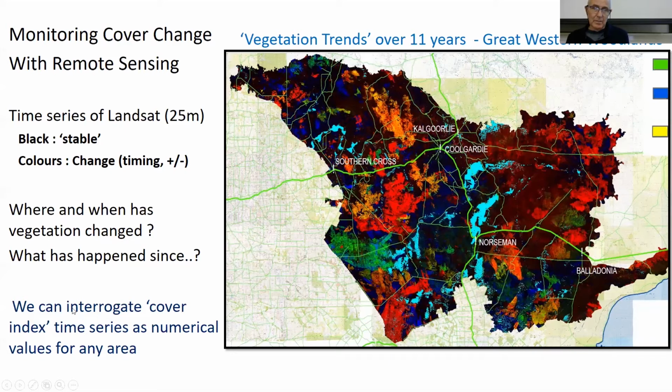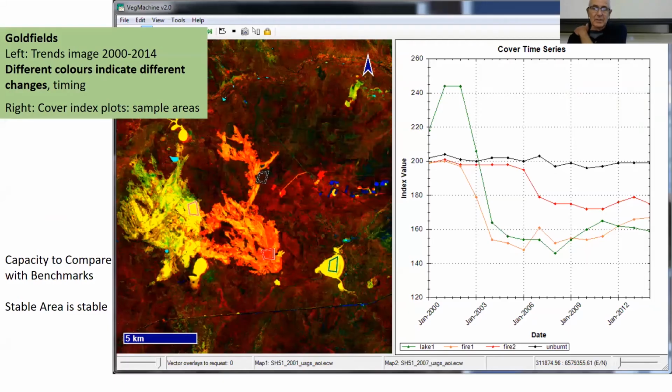And it gets even better because it's come from numerical time series, so we can interrogate that time series and plot it as numerical values for any area we choose. What you're looking at here is a similar kind of image. This area happens to be a detail near Coolgardie, the periods 2000 to 2014.